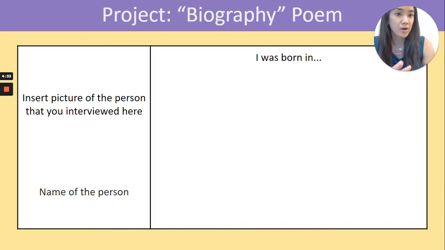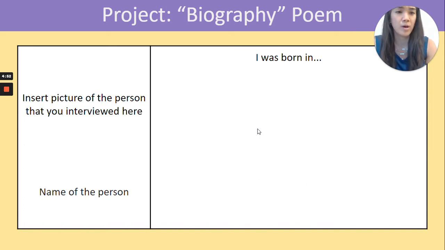Then you'll get to the project slide. This is where students will actually do their writing. You have a certain layout that students can use to organize. Here they're inserting a picture of the person they interviewed. Here they have the name of the person. And here's where they would begin to write their lines.